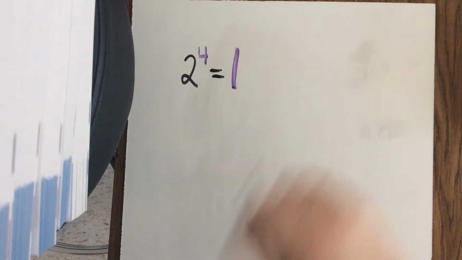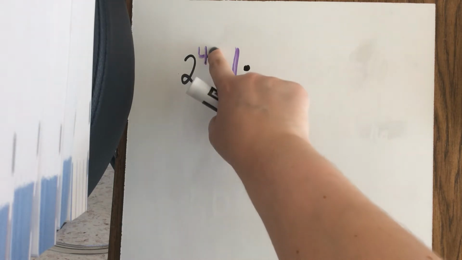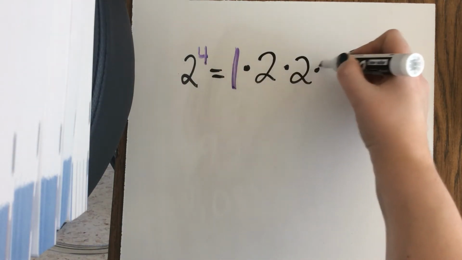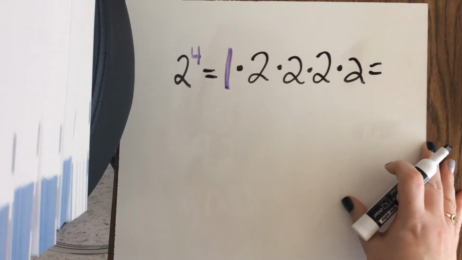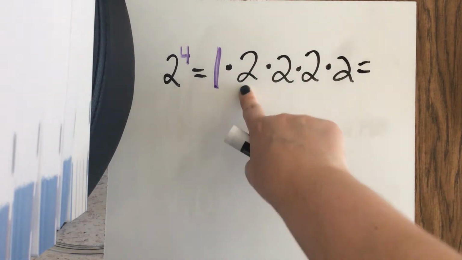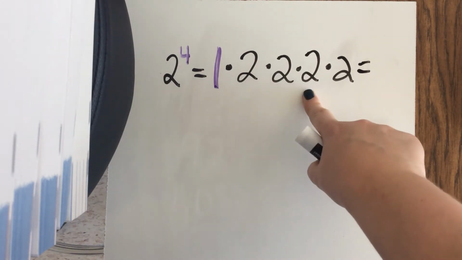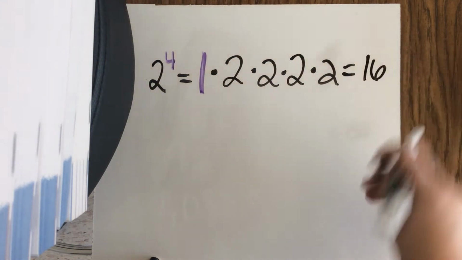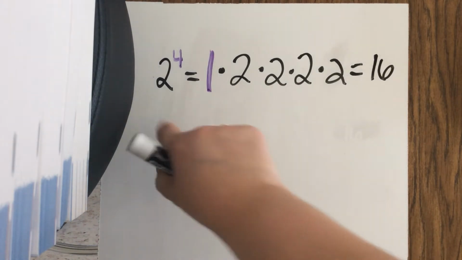And then we're going to multiply 2 times itself this many times. So 1, 2, 3, 4. Okay, and so 1 times 2 is 2, 2 times 2 is 4, 4 times 2 is 8, and 8 times 2 is 16.